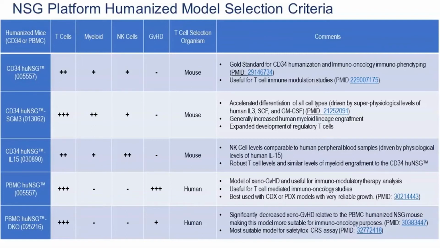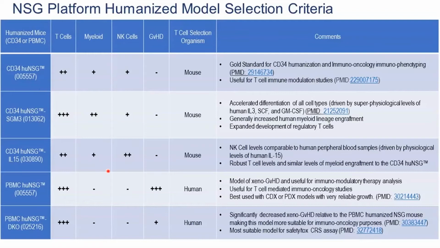Now, we've got this nice chart that you can take a look at later when you receive these slides. And the main point of this graphic is to show you that there are differences in these platforms in terms of the cell populations that develop. And this is used as a tool to help you decide which platform is most appropriate for answering your scientific questions.